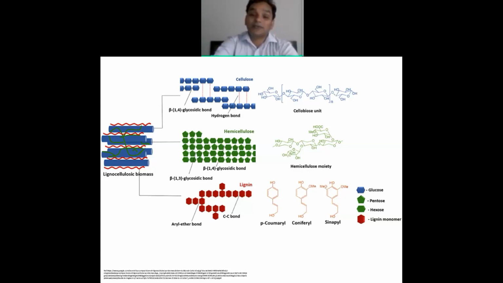Suppose 30 to 40% carbohydrate is available inside the biomass. It depends how much percentage you are going to get out of those available carbohydrates. The type of pre-treatment that you apply will decide the rate at which you get the biomass components, and the whole story revolves around this.